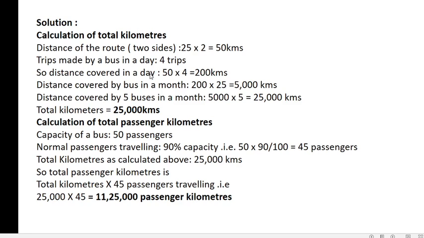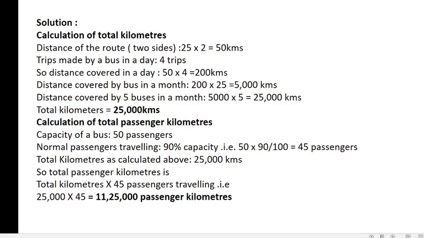So the distance covered in a day is 50 into 4 is equal to 200 kilometers. Distance covered by bus in a month is 200 into 25, that is 5,000 kilometers. So distance covered by 5 buses in a month is 5,000 into 5, that is 25,000 kilometers. So the total kilometers is 25,000 kilometers.